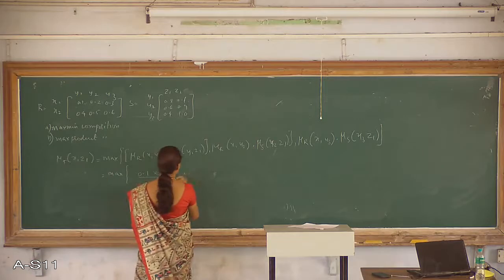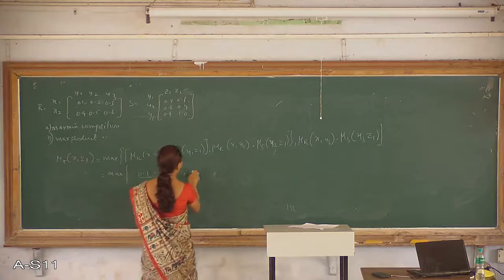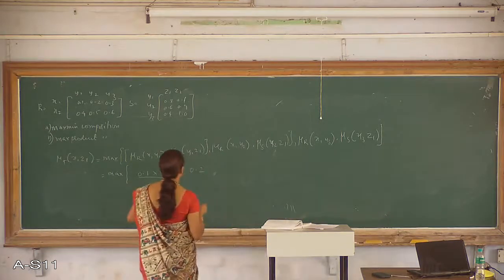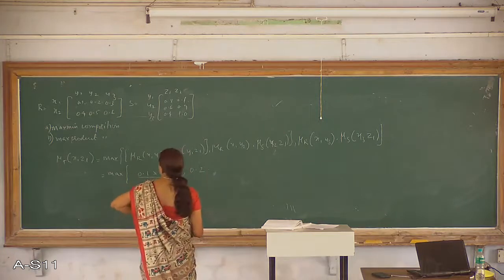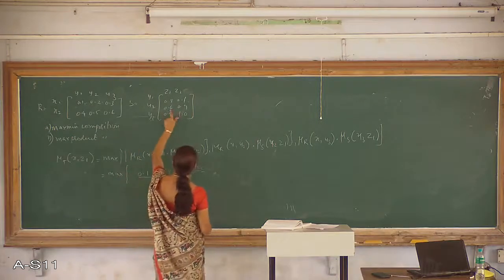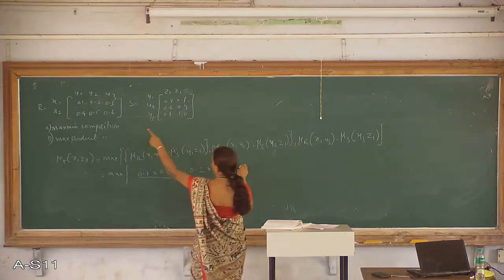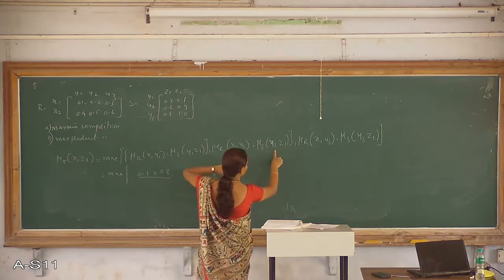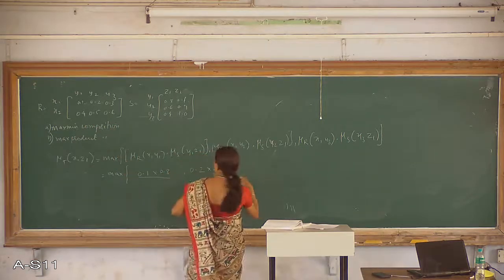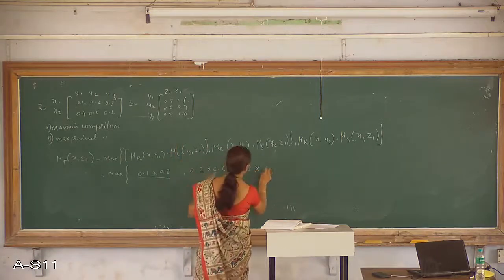Product of these two, comma, mu r of x1 y2. x1 y2 is 0.2 and y2 z1 is 0.6. Then x1 y3 is 0.3 into y3 z1, so y3 z1 is 0.4.